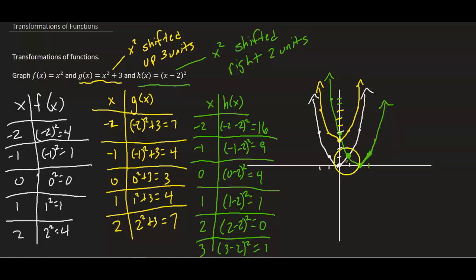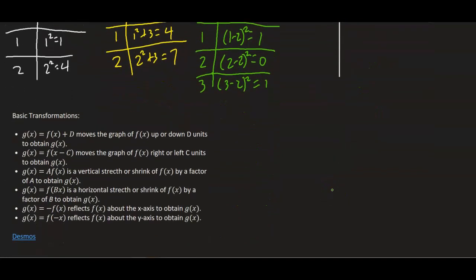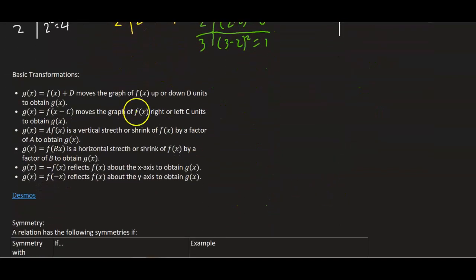Now, what I'm going to show you next, depending on the textbook that you're working in, this table of transformations might look different to you, okay? But in general, this is what they're going to look like, all right?